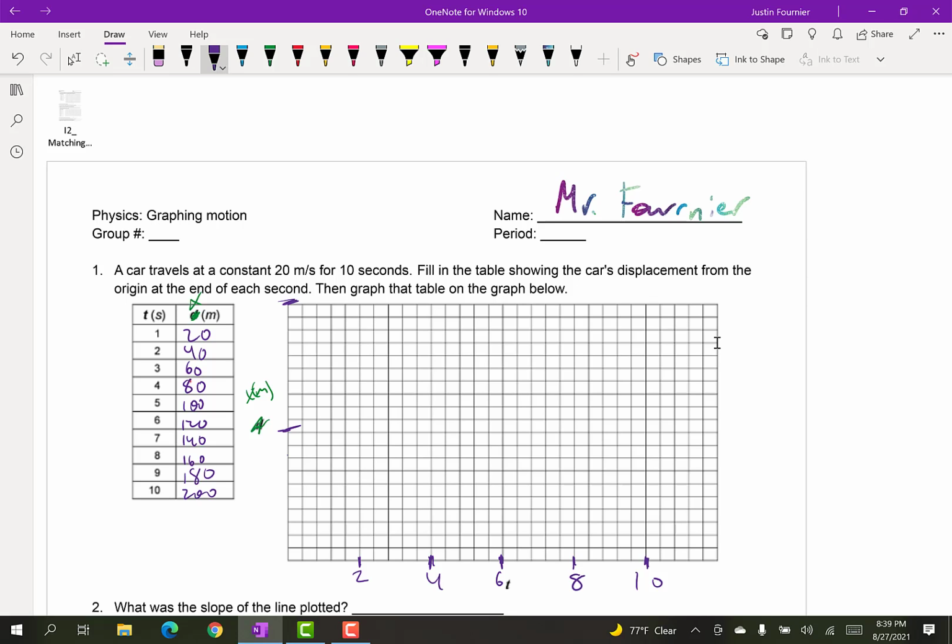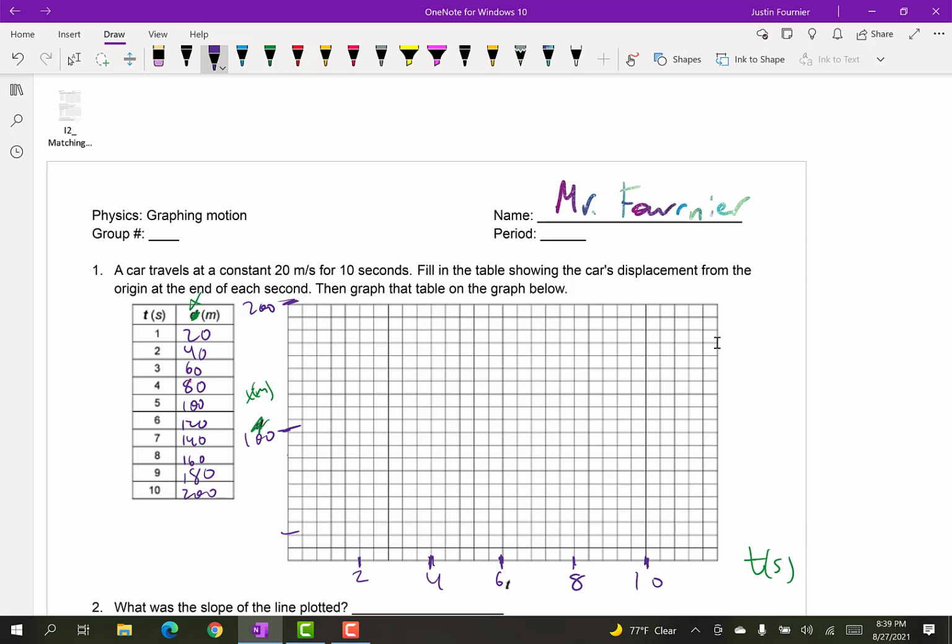So that is what I'm going to be plotting. I've got my position in meters and my time in seconds. I already plotted these out because it takes a little while to think about what intervals you want to use. Here I'll have 100 meters, and here 200 meters.